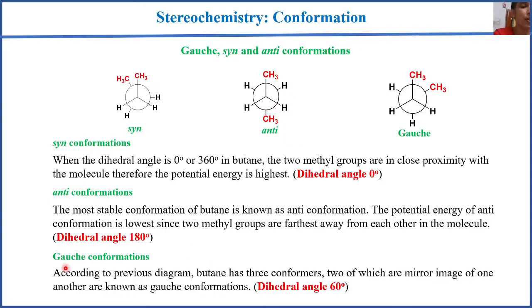Gauche conformation: according to the previous diagram, butane has three conformers, two of which are mirror images of one another, known as gauche conformations, where the dihedral angle is 60 degrees.